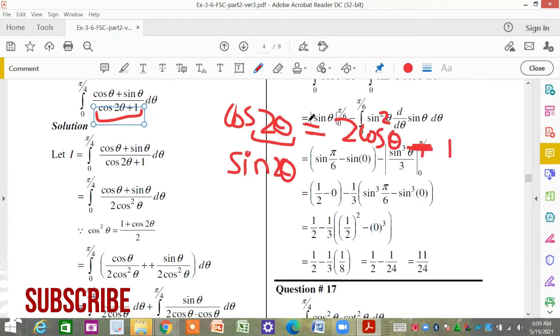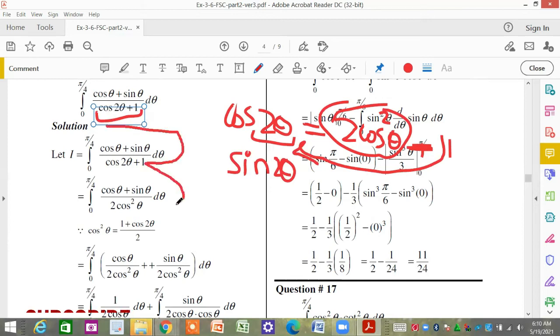So similarly, if we want to find the value of cos 2 theta plus 1, this will be equal to 2 cos square theta minus 1 plus 1, so this expression will be equal to 2 cos square theta.